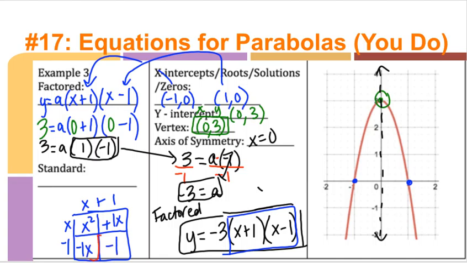Again here, +1x and −1x create a zero pair, so I'm left with x squared minus 1. So it's y equals −3 multiplied by (x squared minus 1). And I want to distribute this −3, so I end up with y is equal to −3x squared plus 3. Okay, and that's the video for today.